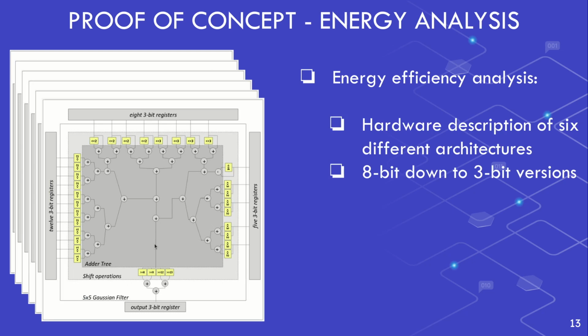To validate the energy results of the proof of concept, we consider not only the 8-bit precise version, but also all bit variations from 7 bits down to 3 bits. Then we have different circuits to be synthesized.